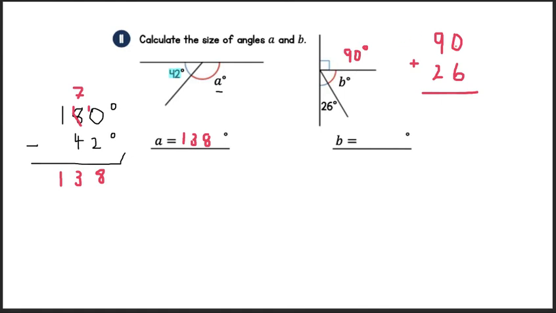So 0 add 6 is 6, 9 add 2 is 11. So these two together make 116 degrees.